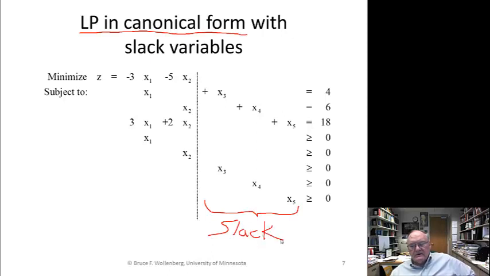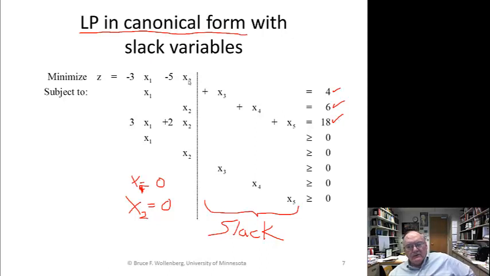Essentially, these are the original variables, as you can see, x1 and x2, but the slack variables allow us to start with x1 equal to 0 and x2 equal to 0. So if they're equal to 0, then x3 is equal to 4, x4 is equal to 6, and x5 is equal to 18.